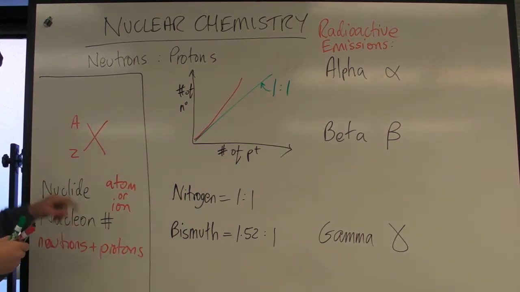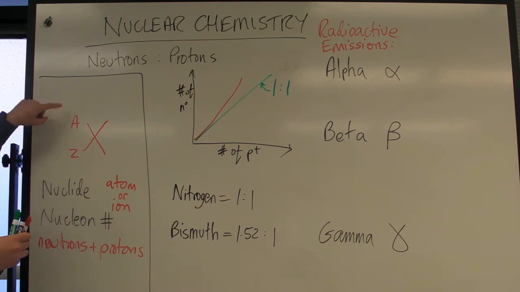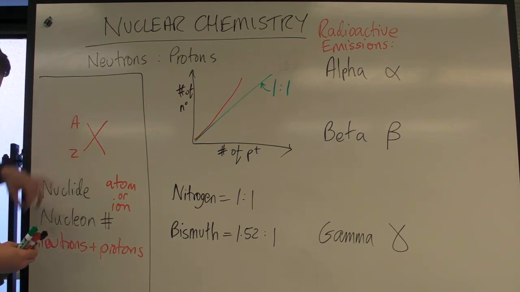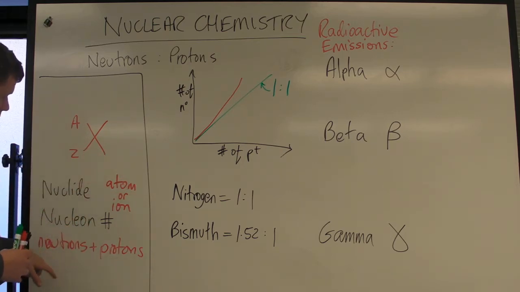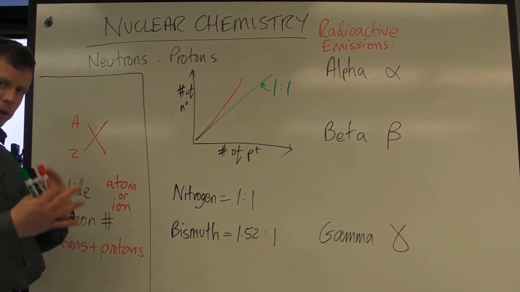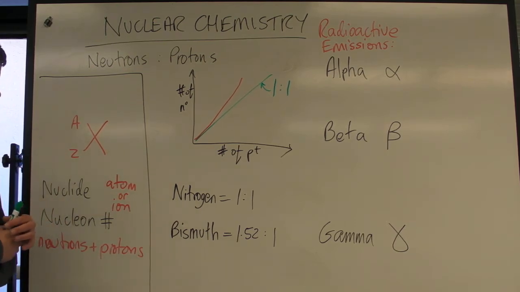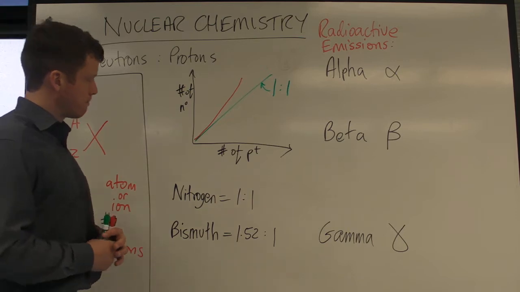But the nucleon number, we used to call it the atomic mass number, but we'll call it nucleon number now. We're in the realm of nuclear chemistry, and it's the number of neutrons and protons. Also, each of these is called a nucleon. So neutrons and protons can also be described as nucleons. So it does get a little complex perhaps, but just to introduce that, but we'll practice it quite a lot, so it won't be too crazy.